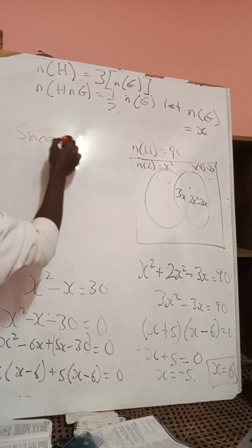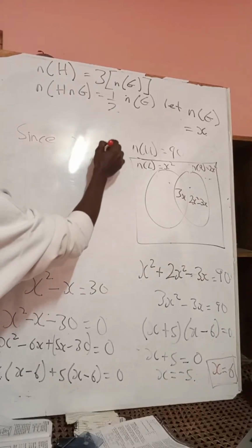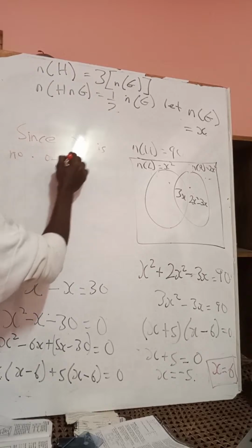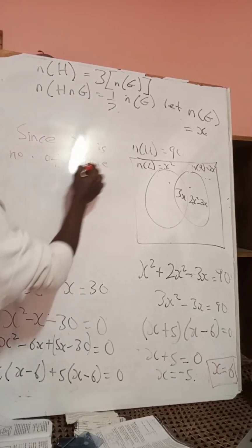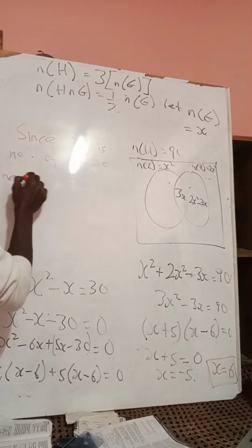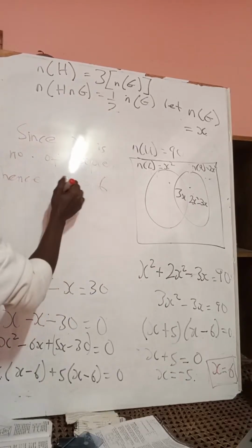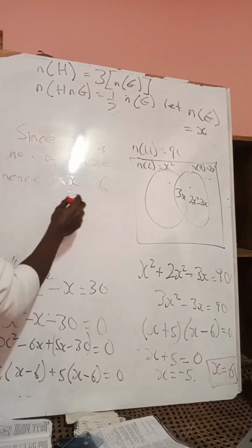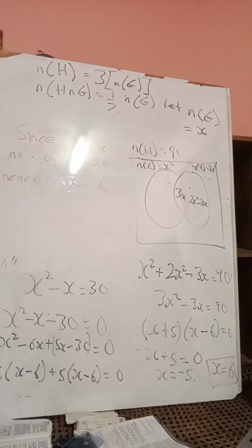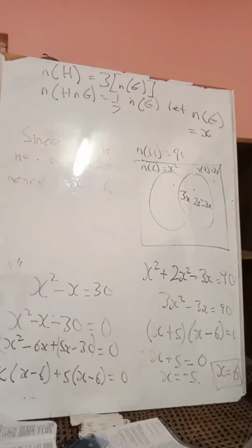Since x is the number of people, hence x is equal to 6, not negative 5.